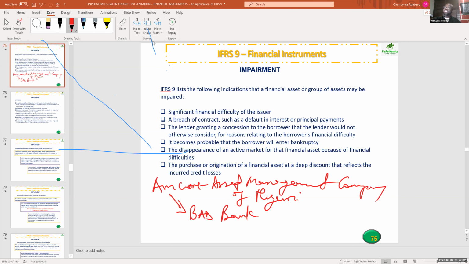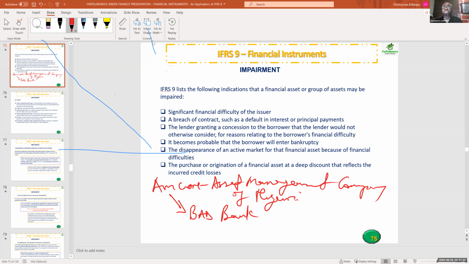And AMCON takes over those bad loans with the hope of resuscitating them. Every loan purchased by AMCON in Nigeria is considered credit impaired at origination, because no loan in AMCON is a good loan, because AMCON specializes in buying bad loans.